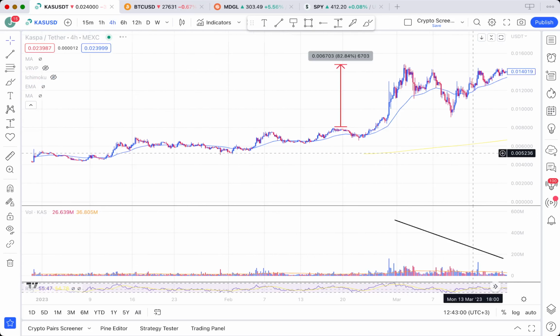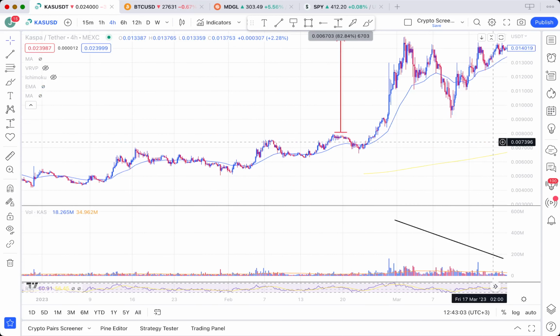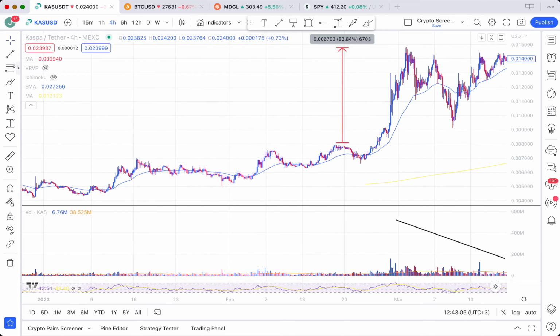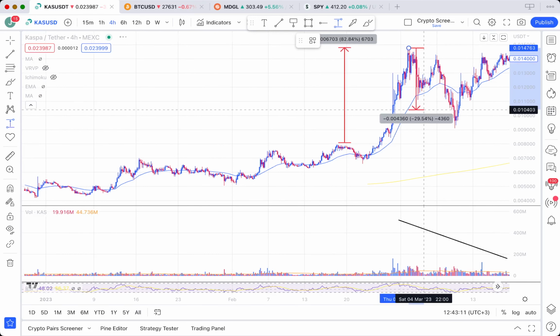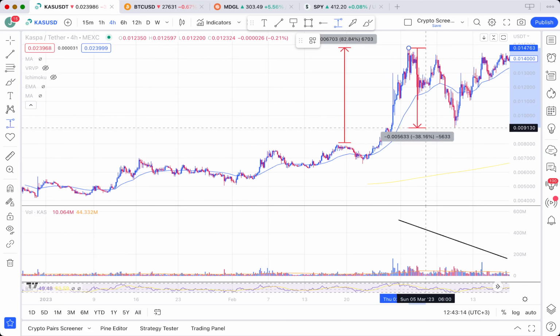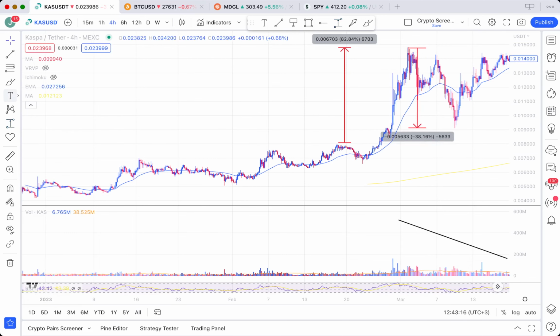And this was how beautiful this chart was. I saw a few contractions. This was a prior uptrend, all right? We always need a prior uptrend. Then we had a contraction of 40%, 38%, all right? Then a second contraction from this point all the way to this point, around 13%.